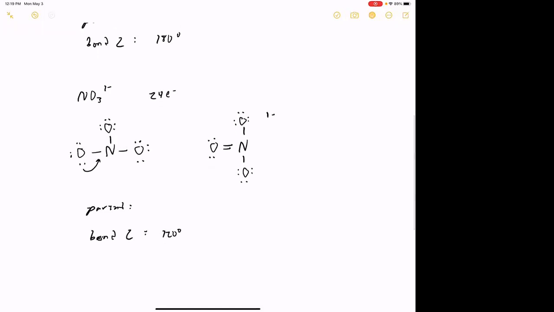So in other words, I could actually draw this thing with the bond angles at 120 if I wanted to, just so you guys can see what it looks like. So it's going to look something like that. And I'll put my 1 minus up there to show that it's indeed an ion.